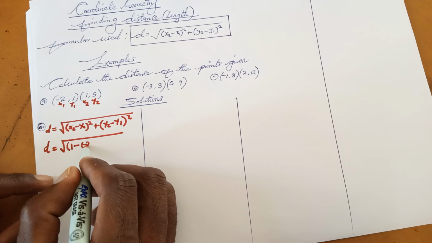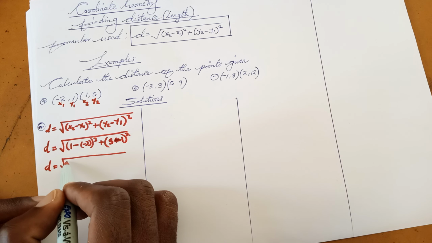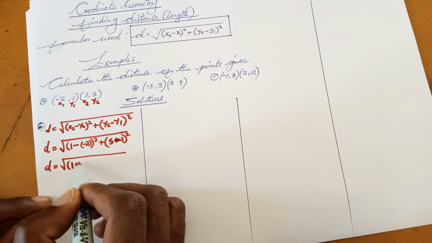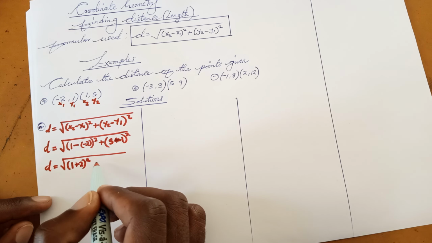What is our y2? Our y2 is 5. So we say 5 minus, our y1 is what? Is 1, squared, there. So next step will be square root of that. So here we say bracket 1, negative times negative is positive, like that, squared.